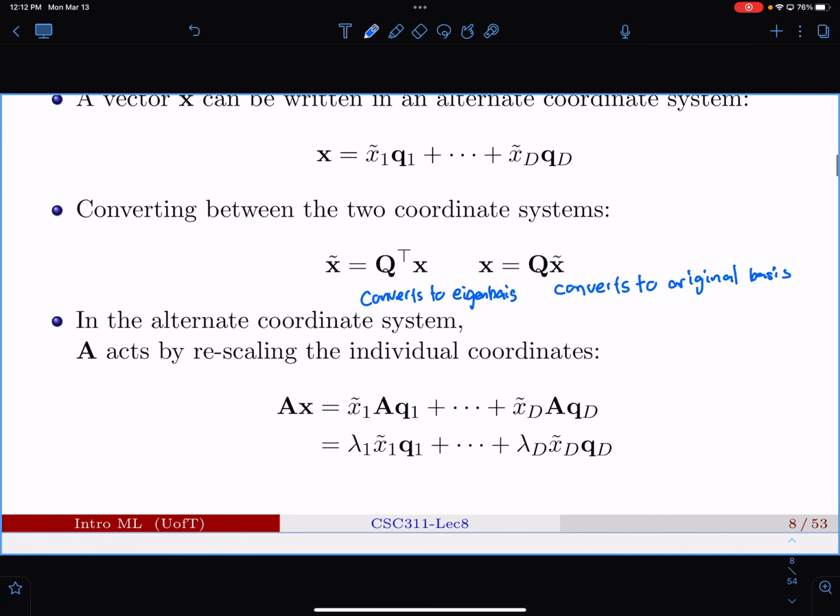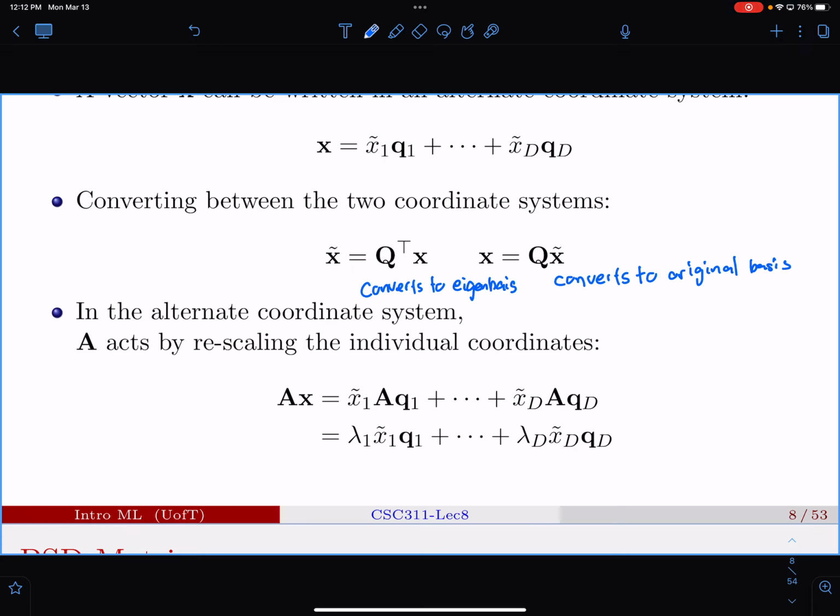So what that means is if you're applying A to x, you can also view it as A applied to each of the eigenvectors, scaled by the coordinates of those eigenvectors.